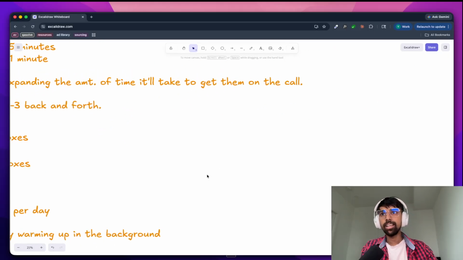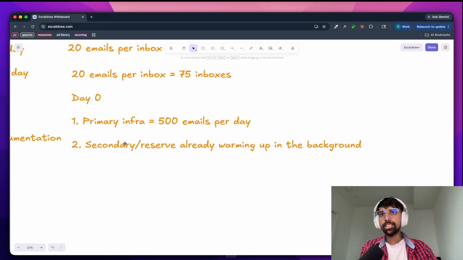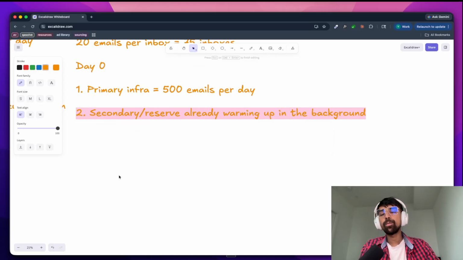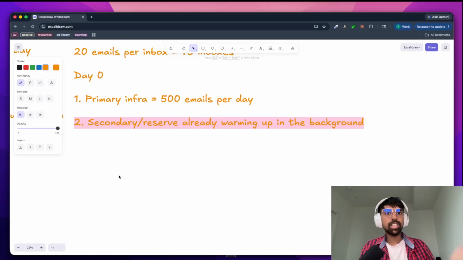So once again, remember I said that you need a secondary infrastructure warming up in the background. You need to have a plan that when you start scaling, you need to be able to, I don't know, hire another two people, two appointment setters or SDRs, to actually engage them, or you just start working double time, right?